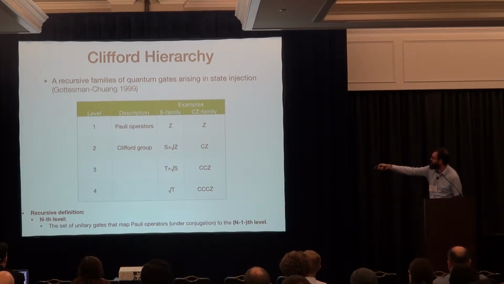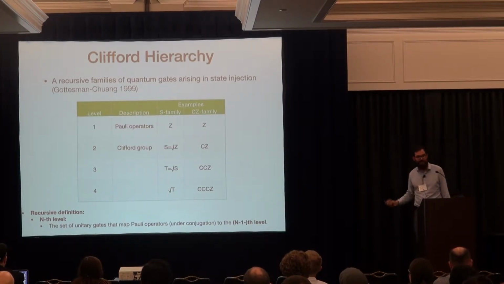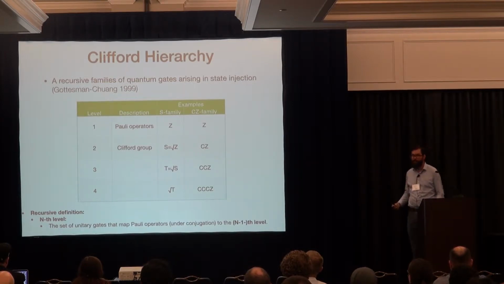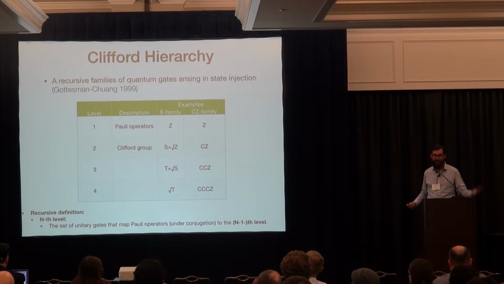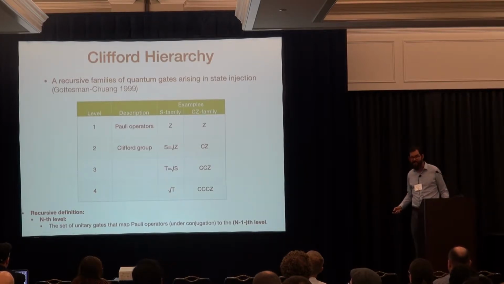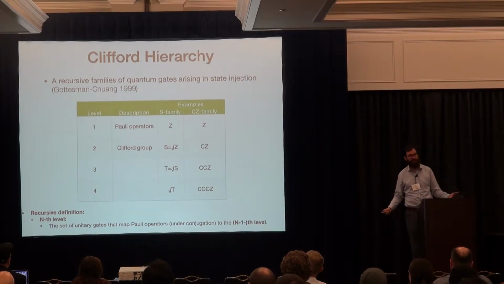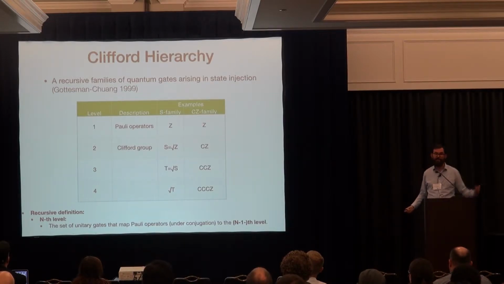So the first level, we have the Pauli operators themselves. The second level, we have the Clifford group, the unitaries which map the Pauli operators to Pauli operators. And then the next level of the hierarchy, we have unitaries which will map Pauli operators to Clifford group operators, and so on up the hierarchy.